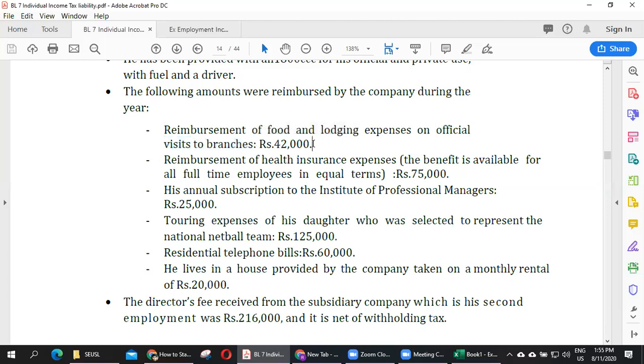He made this expense of 42,000 on behalf of the employer. He spent 42,000 and received reimbursement of food and lodging expenses for official purpose. Therefore, it will not be considered as income. We can't treat it as income.